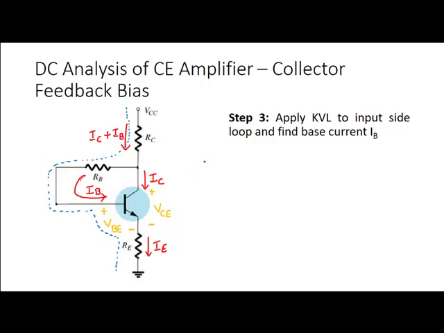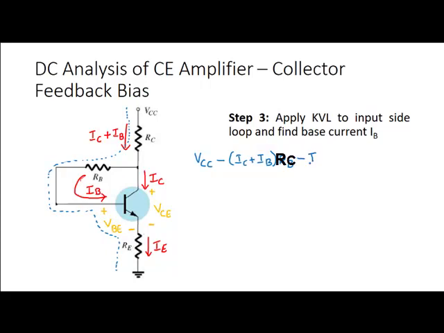So let me write the KVL expression. We start from VCC, then we encounter voltage drop across resistor RC, but the current flowing through this resistor RC is nothing but IC plus IB. So minus IC plus IB times RC. Then we encounter resistor RB and the current flowing through the resistor RB is IB.